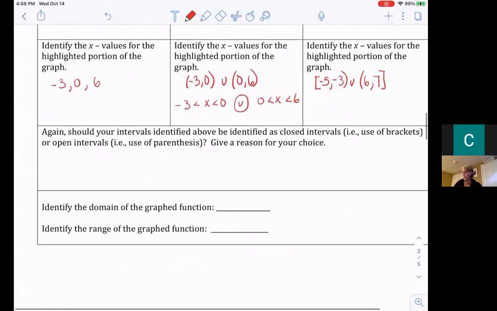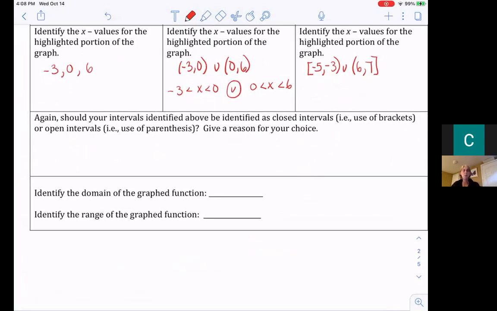So now, again, should your intervals identified above be identified as closed intervals or open intervals, and give a reason for your choice? Well, basically, they can be open, closed, or a mixture, depending on what's being defined.